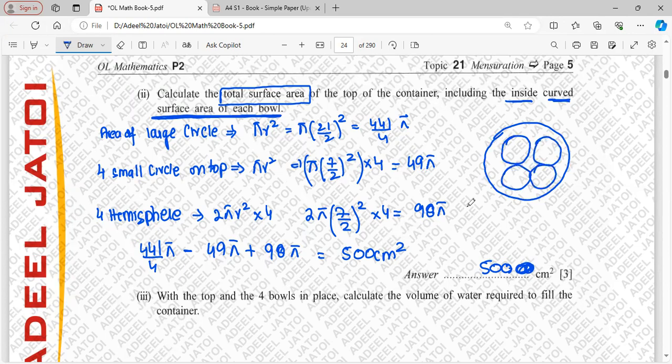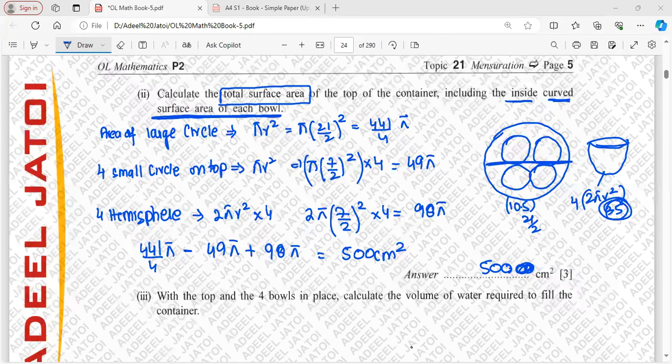So we get the surface area of the top, and then we find the surface area of the hemisphere, which is 2 pi r square. We multiply by 4 because there are 4. So this radius is 3.5, that is 7 upon 2, and this radius is 10.5, which is 21 upon 2. So this was part 2 of the same question.